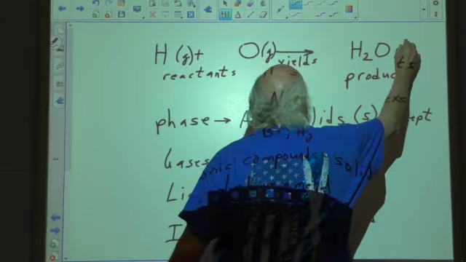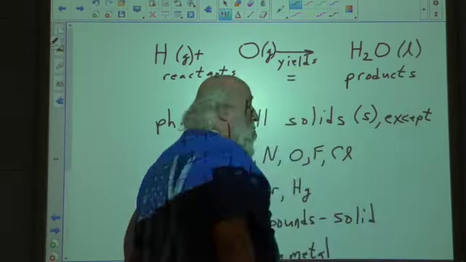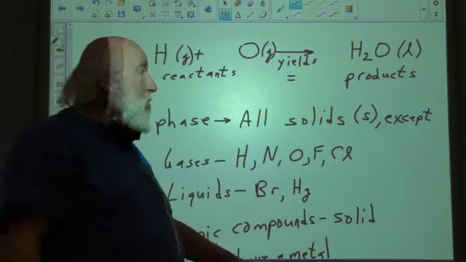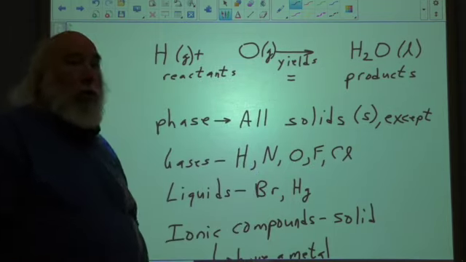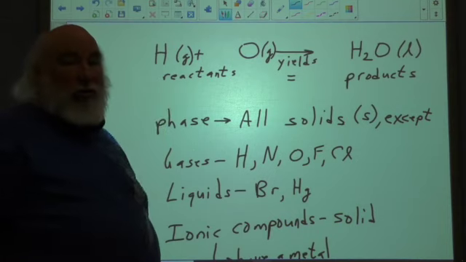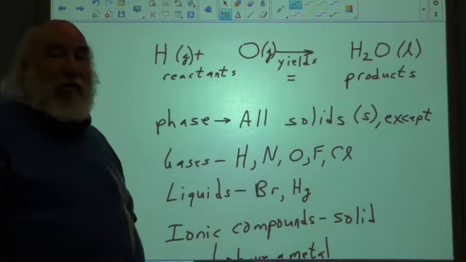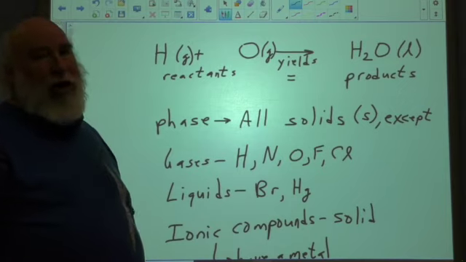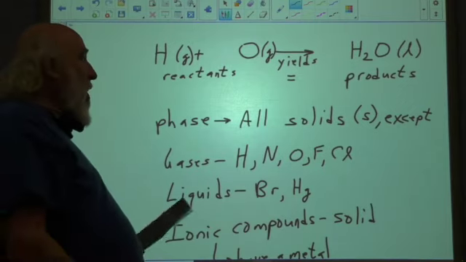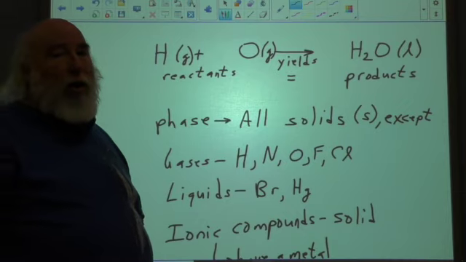Now, I put that down, but I will tell you, most of the time, especially with this reaction right here, when this reaction takes place, there's so much heat involved in it that it actually comes out as a gas. But when it cools down, it becomes a liquid. So if you put either gas or liquid down for water, you would be correct.